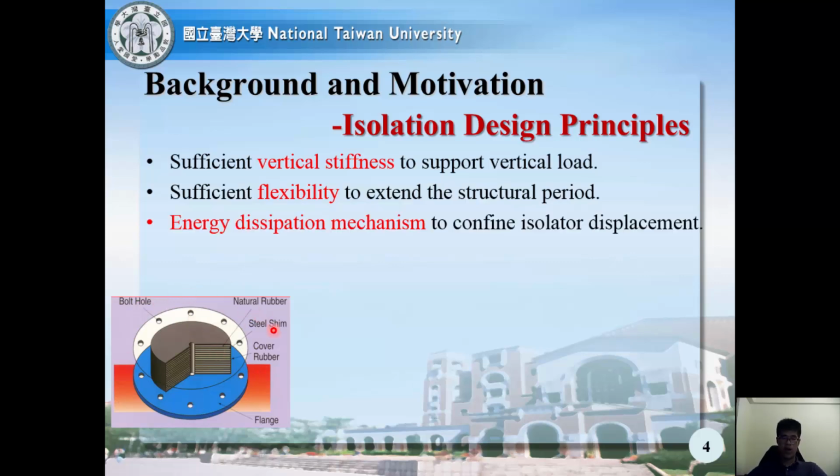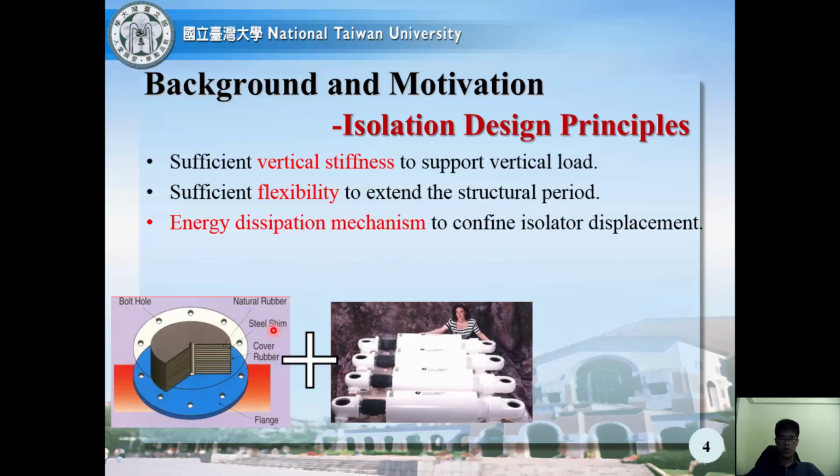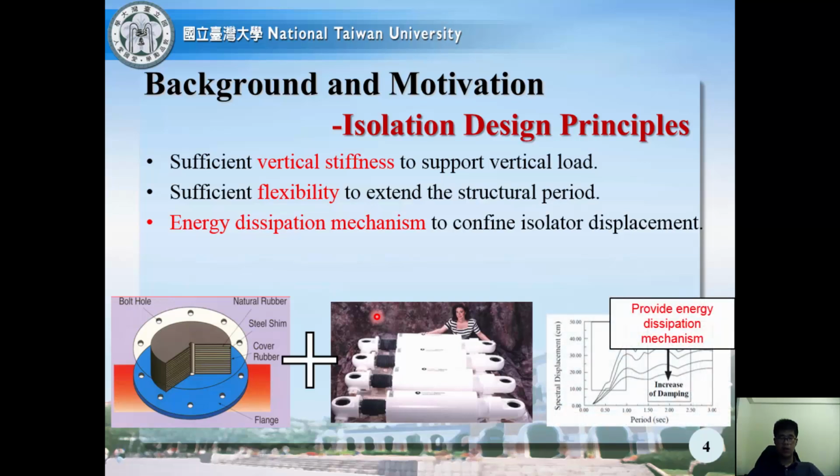Then we need a sufficient energy dissipation mechanism to confine the isolation displacement, because as I just mentioned, if we lengthen the structural period, we may also increase the structural displacement. Adding dampers is one of the most commonly used methods to provide an energy dissipation mechanism. And we may also wish our system to have a recentering capability.